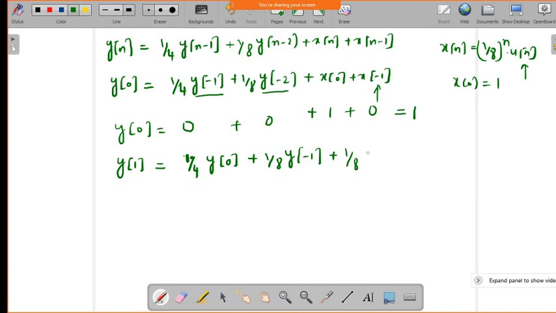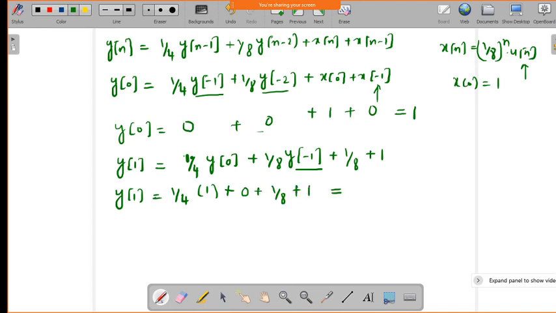So we will get 1 by 8 plus, what is x of 1 minus 1? x of 0. So x of 0 is 1. Okay. So now put the value of y of 0, which we have found out here, which is 1. So now y of 1 is equal to 1 by 4 into y of 0, which is 1. So plus, this y of minus 1, initial condition, which is 0. So plus 1 by 8 plus 1.